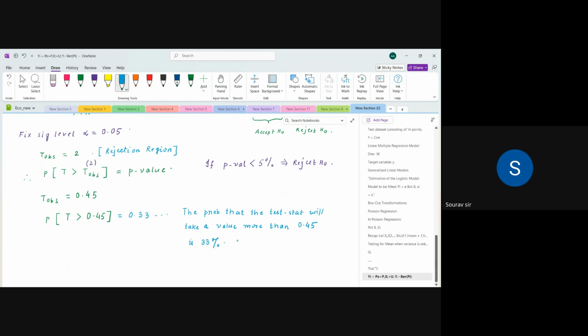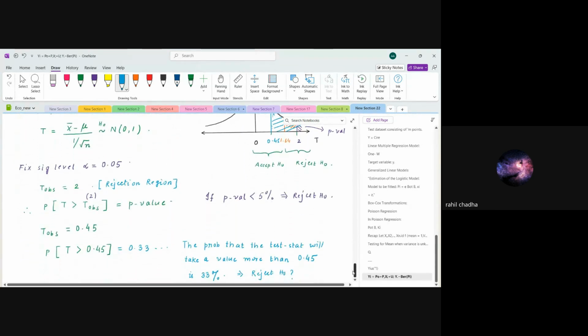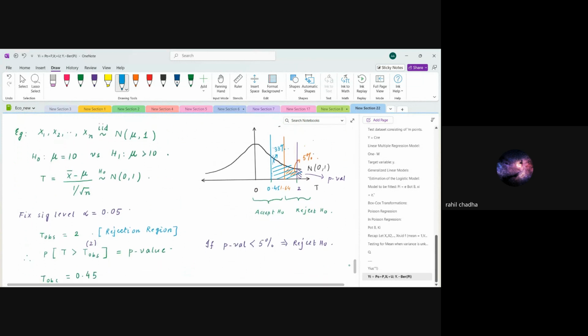You are saying that if this is the case, I should reject H naught, because there's such a high chance it will be more than that. That's where my logic is confusing. I'm getting confused in my logic.